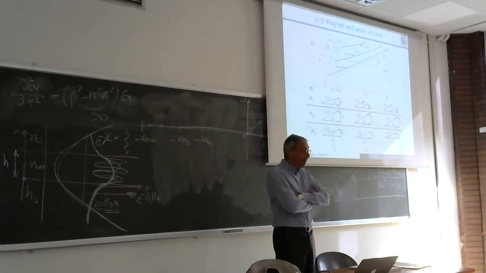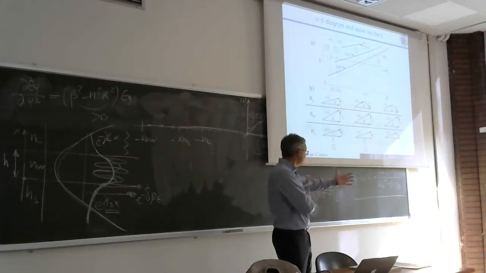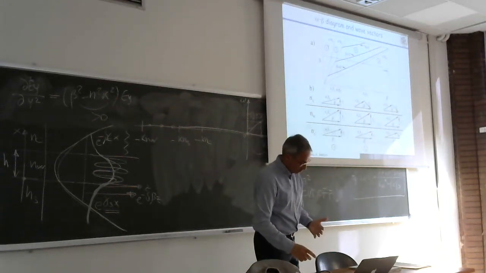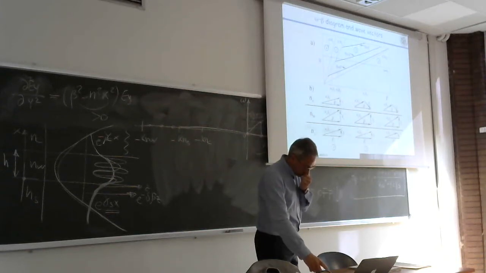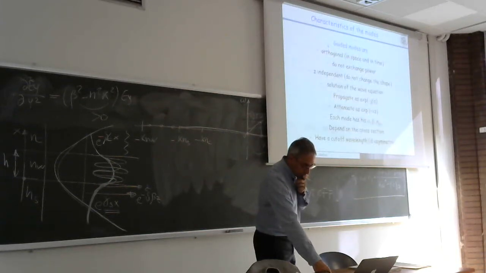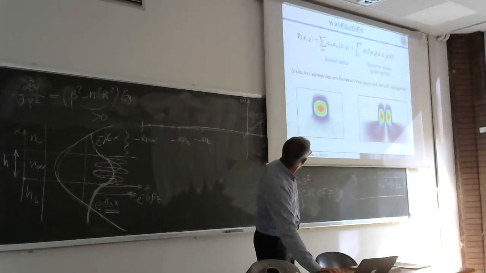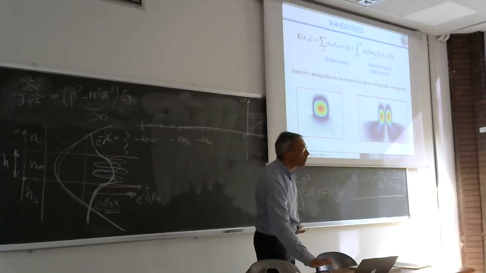Formally, radiative mode is a plane wave. It's something that is no more guided by the waveguide. So it's a mode of the continuum. Radiative modes are plane waves. This wave is a solution of the free space, and so is really a plane wave.